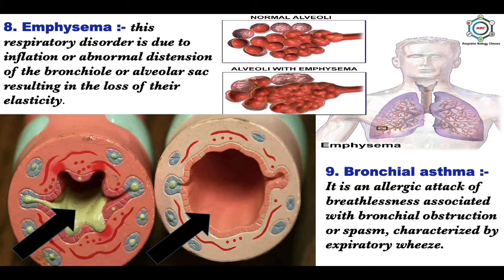It is caused by hypersensitivity of the bronchioles to the foreign substances present in the air that passes through them. So, the goblet cells lining the respiratory passage start secreting excess mucus, which may clog the bronchi and bronchioles. The best preventive measure is avoiding exposure to the allergens or foreign substances. So, this is the end of the respiratory diseases.